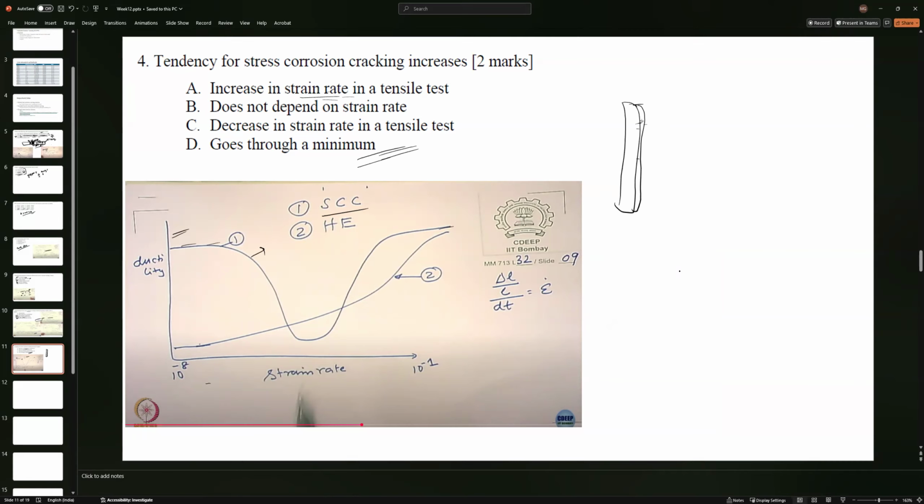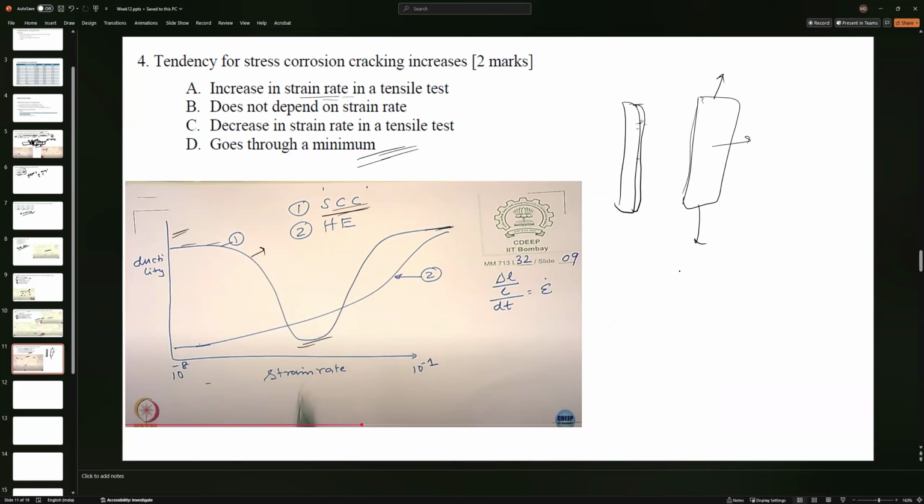At the very high end, you are breaking it very fast, so the plastic deformation happening in the metal, due to the strain rate, itself is dominating. So in SCC, it doesn't get time for the corrosion to take place in this region.